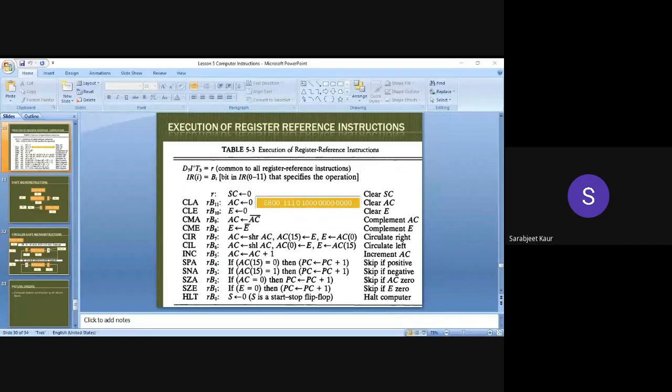Okay, so what are we now doing? We are treating the last three bits, that is the 13th, 14th, 15th bit, to be going to the decoder, and this 12th bit as the indirect bit. Okay, so this is the only change.